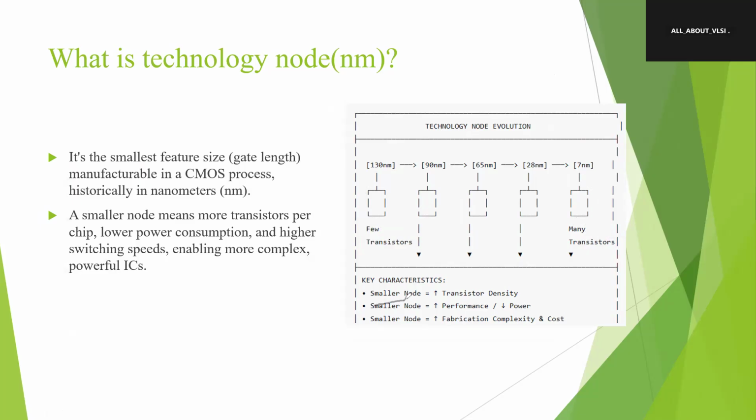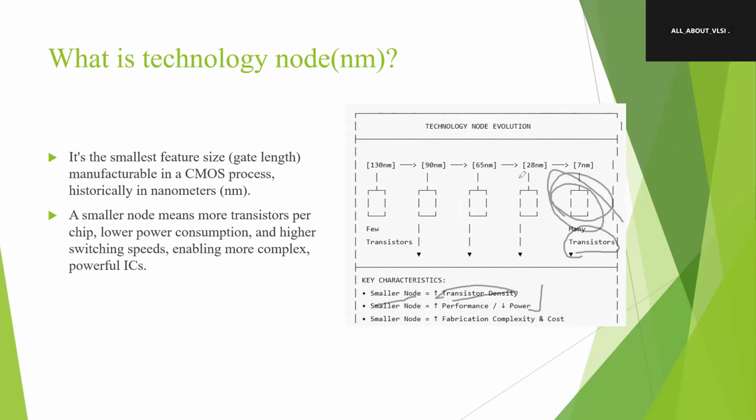In a smaller node, my transistor density increases, which means we can place more transistors in a small place, right? Transistor density increases, and after that, performance increases. If transistors increase, our performance also increases.